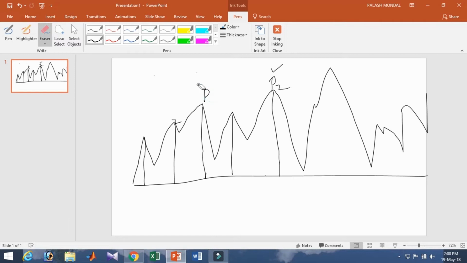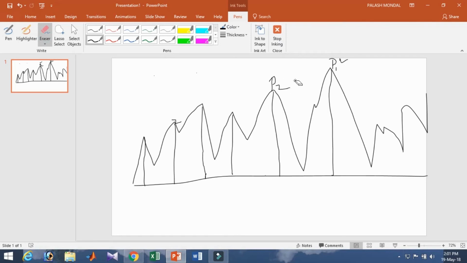P1 goes forward to find the highest. After that, P1 comes to this mountain, takes the distance, and decides that he is now on the highest mountain after communicating with P2.